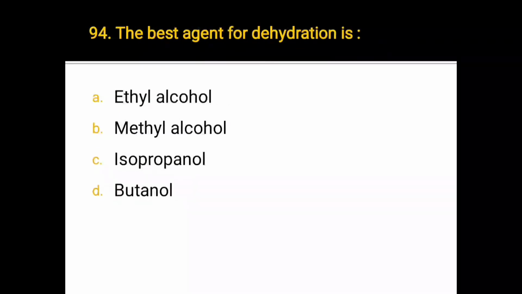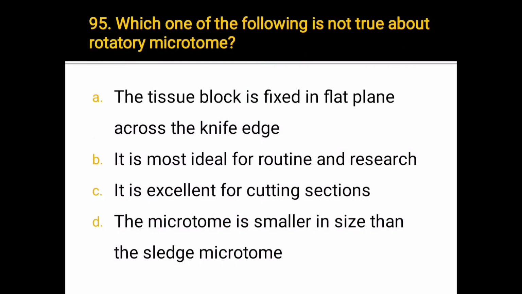The best agent for dehydration is A. Ethyl alcohol, B. Methyl alcohol, C. Isopropanol, D. Butanol. Correct answer A. Ethyl alcohol. Which one of the following is not true about rotatory microtome? A. The tissue block is fixed in flat plane across the knife edge.